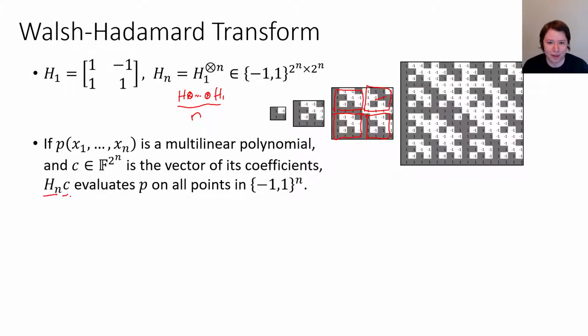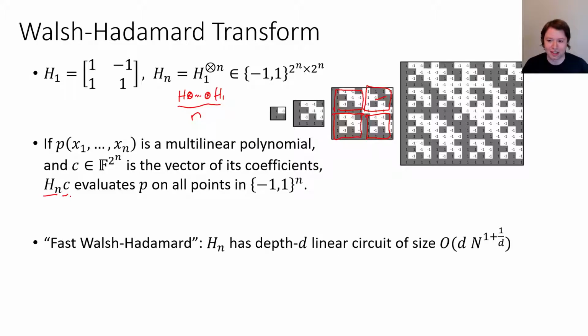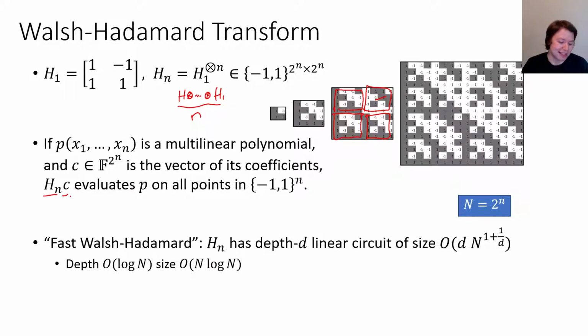Okay, so what do we know about circuits for this Walsh-Hadamard transform? Well, there's a nice standard recursive algorithm called the fast Walsh-Hadamard transform that shows that it has a depth d linear circuit of size d times n^(1+1/d), where n is the side length. So for example, plugging in depth log n, you see that it has a depth log n and size n log n circuit.